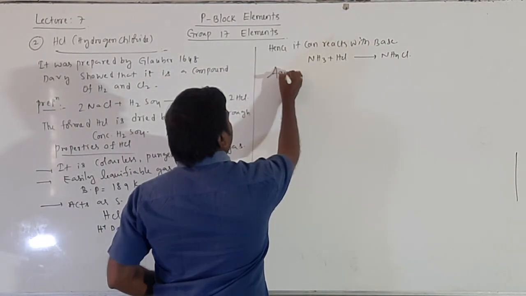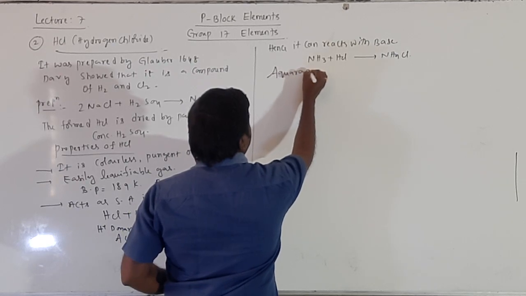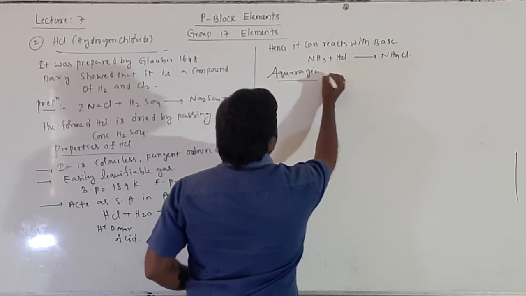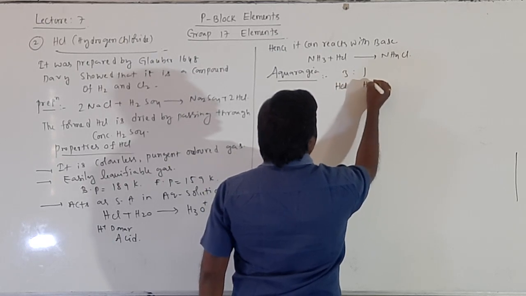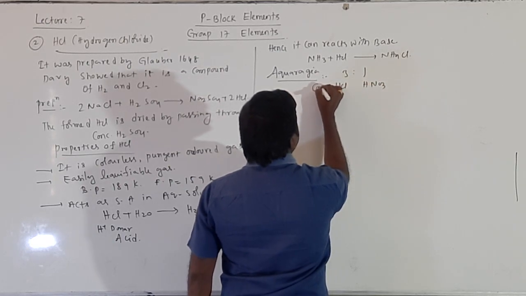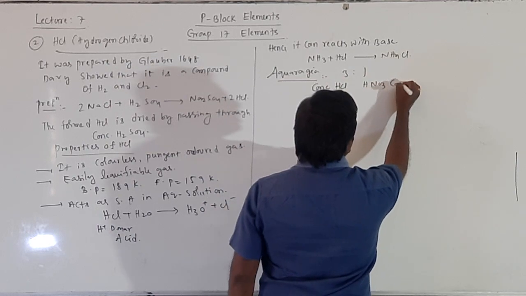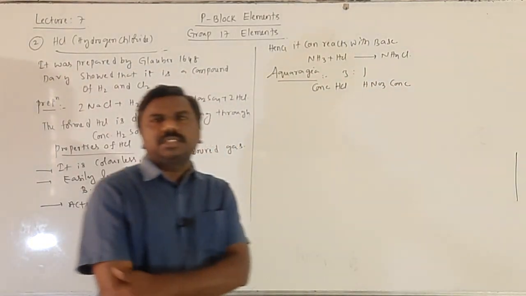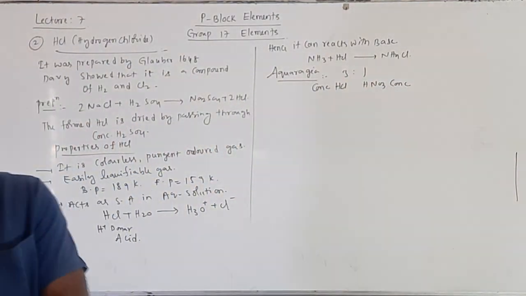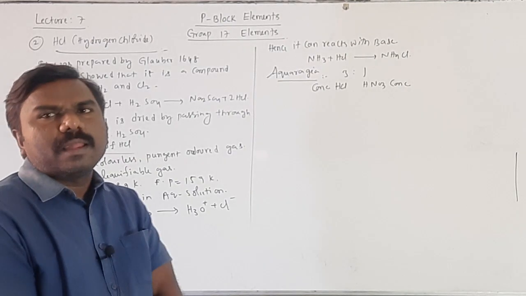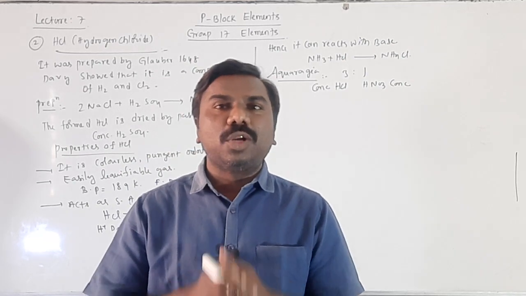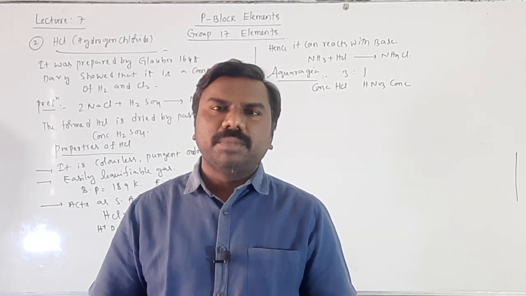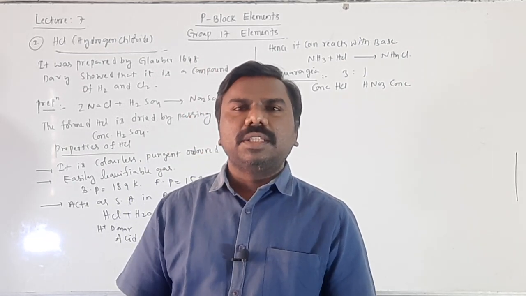You know, aqua regia means a 3:1 ratio of HCl and HNO3. Concentrated HCl and concentrated HNO3 mixture is called aqua regia, that is 3:1. This mixture is used to dissolve silver and gold or platinum because they will not dissolve in other acids.